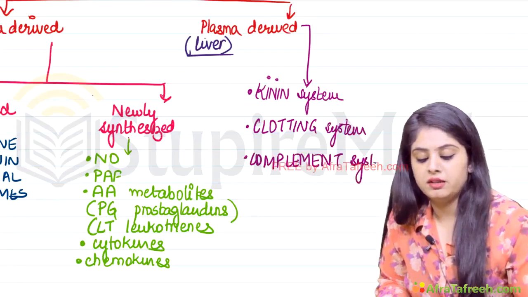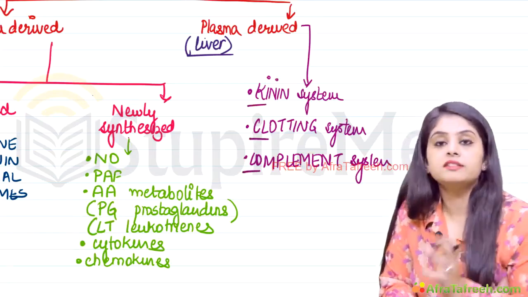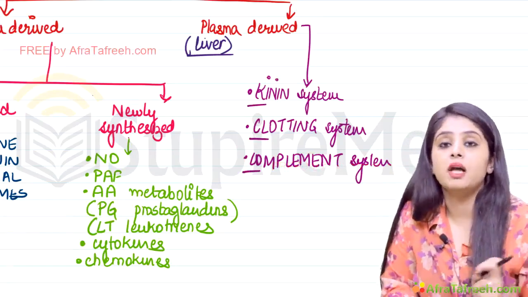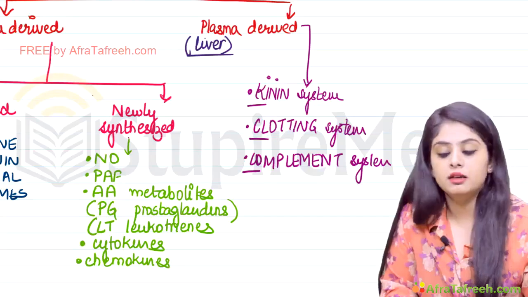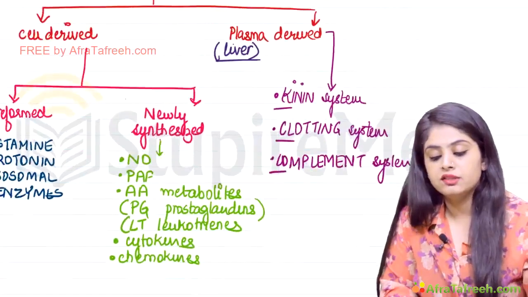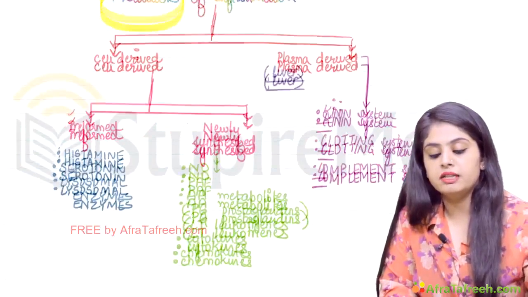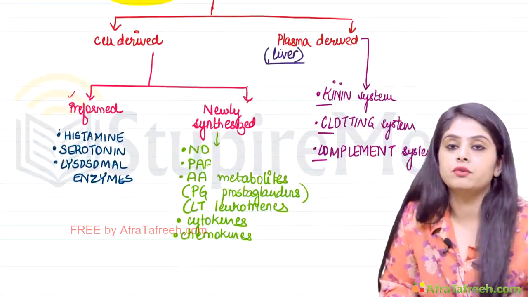So all similar sounding: kinin, clotting, complement. All these three fall under the category of plasma-derived, ultimately being derived from the liver but circulating in the plasma. Students, this is a brief overview of all the mediators that you need to know from the exam point of view.